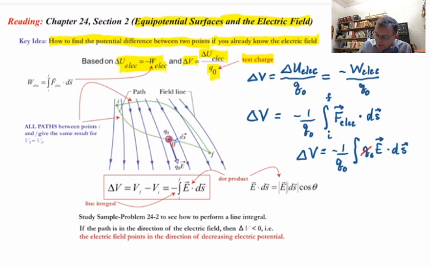But then I see that defining potential difference as potential energy change per unit charge gives me a benefit here, because I have a factor of the charge Q0 upstairs from the electric force and a factor of the charge Q0 downstairs from the definition of potential difference. Those cancel. So the calculation of the potential difference between 2 points is just the negative of the line integral from the initial point to the final point of E dot ds, the electric field that's already there. And that's what's there in the boxed equation.